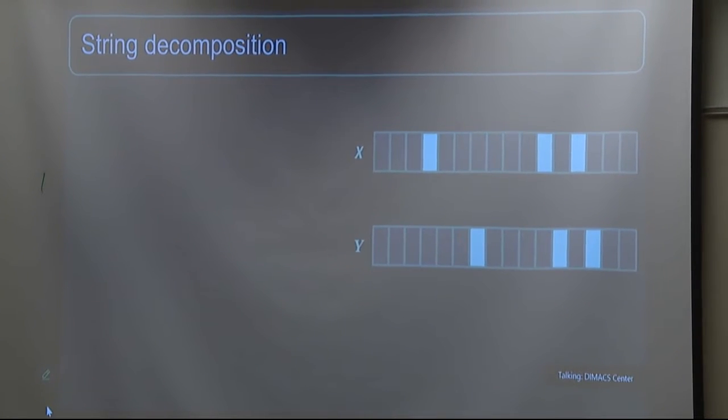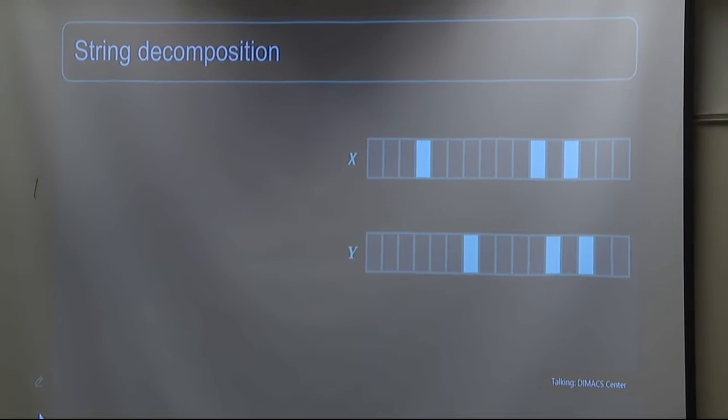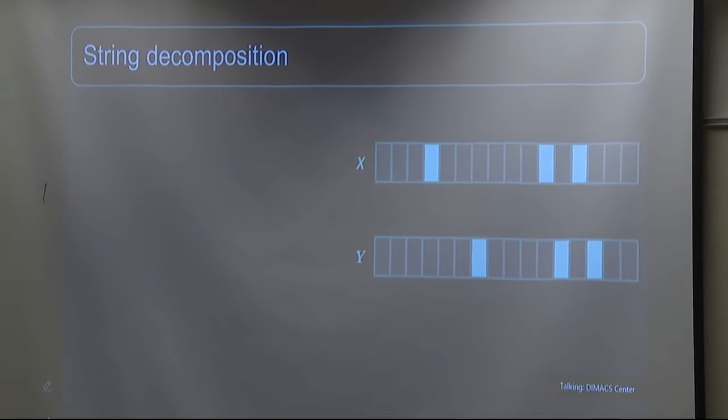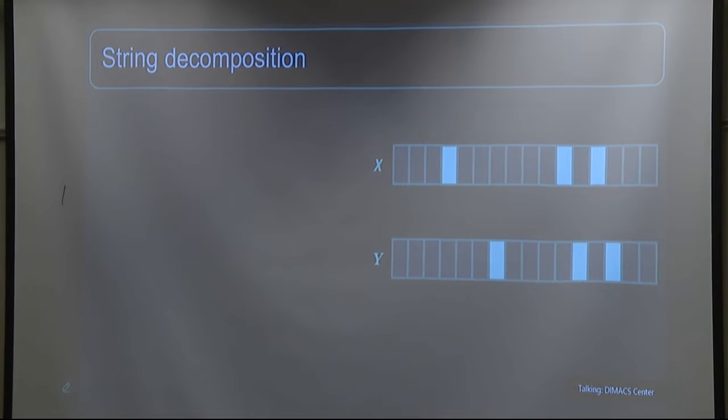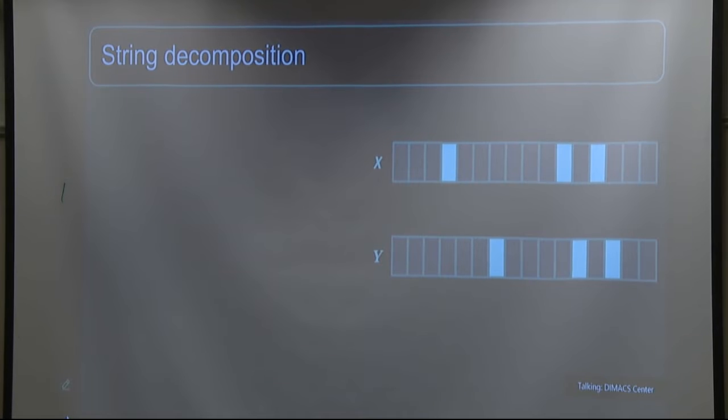Let me go back to the string decomposition. What do I mean by string decomposition, and what kind of property do I want from this decomposition so that the sketches can be constructed? I will first say what properties I want.